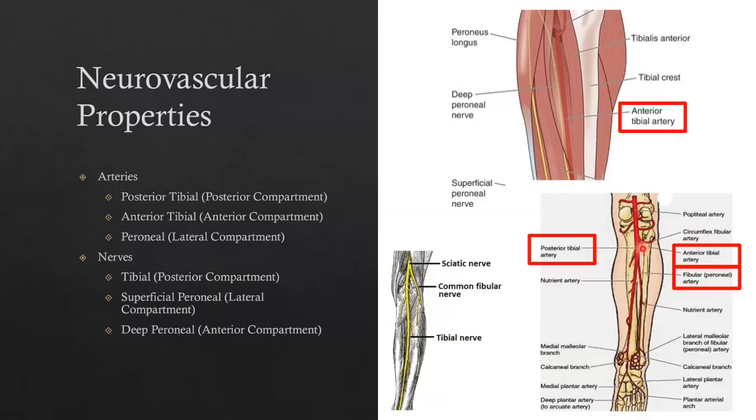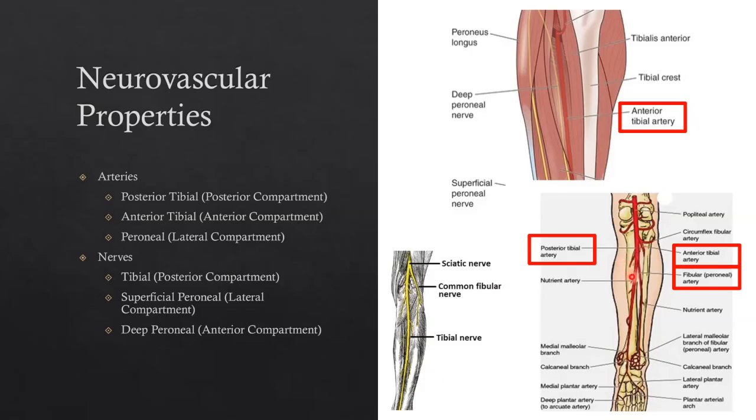First off, you notice that the bifurcation point on the tibial side will give off a posterior and anterior tibial artery branch. This is important because all of the muscles located on the posterior compartment will be supplied by the posterior tibial artery. The muscles located on the anterior compartment will mainly be supplied by the anterior tibial artery.